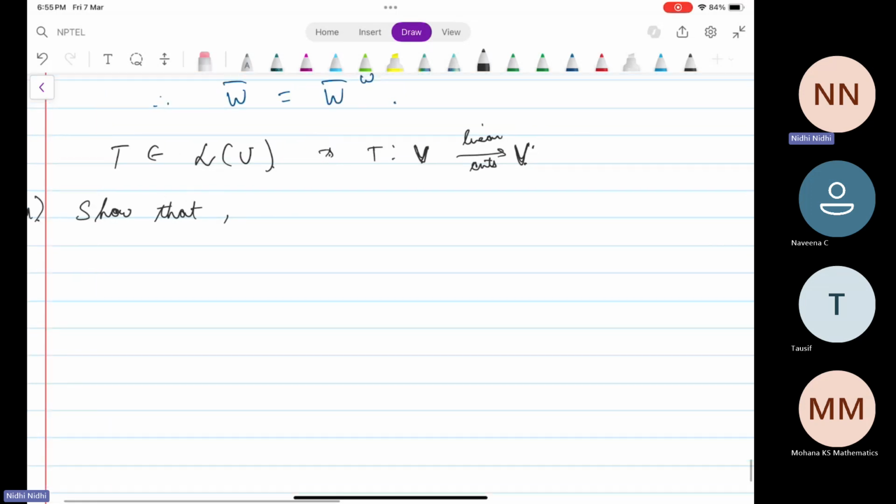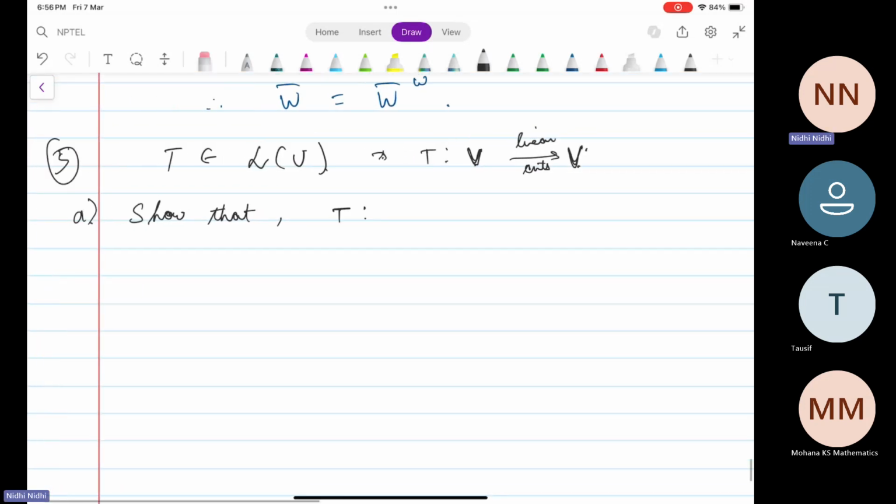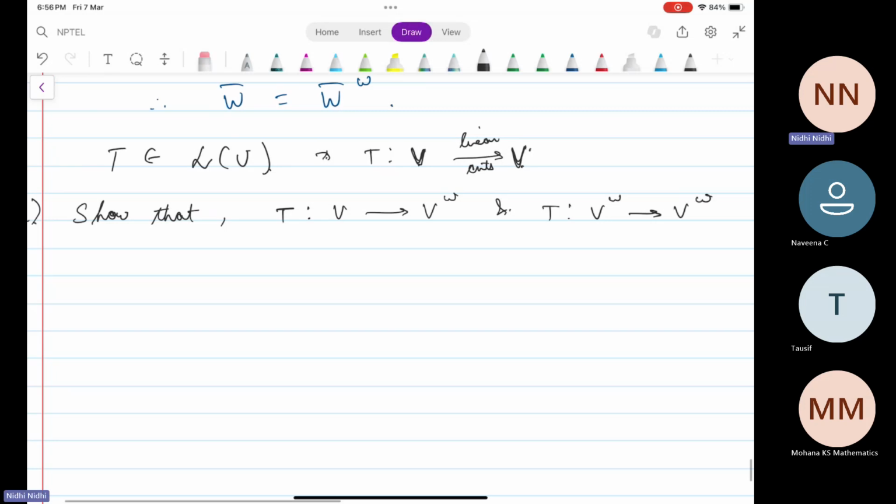So that T from V to V weak and T from V weak to V weak are continuous. Now we'll see what happens for the case of weak topology.